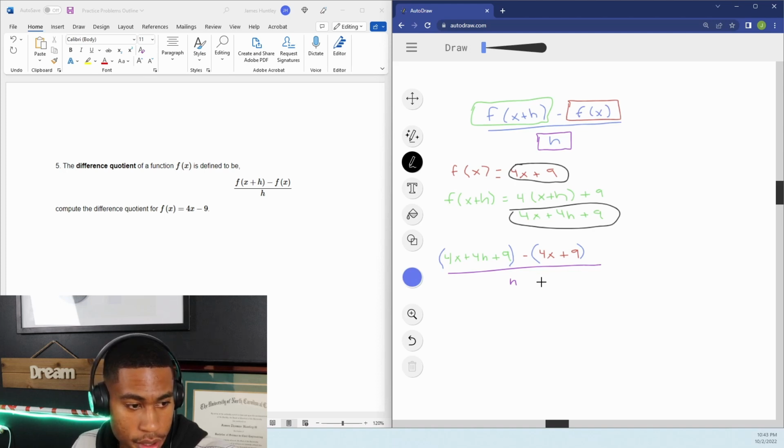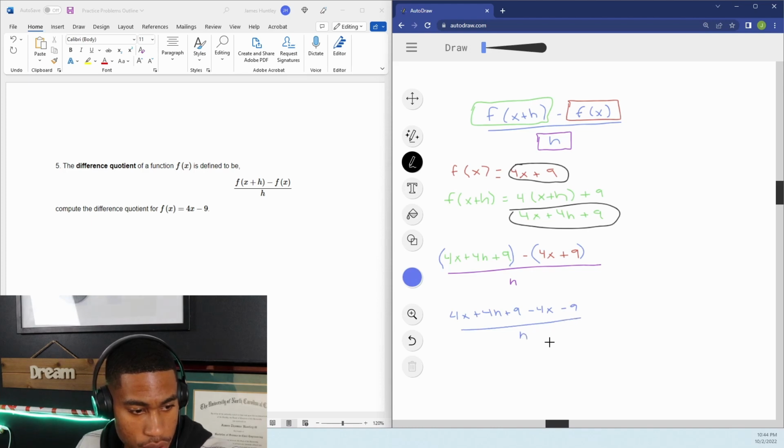So now we're going to keep moving. And once we distribute those, it is now going to be 4x plus 4h plus 9 minus 4x minus 9 all over h. Okay, so let's keep pushing.